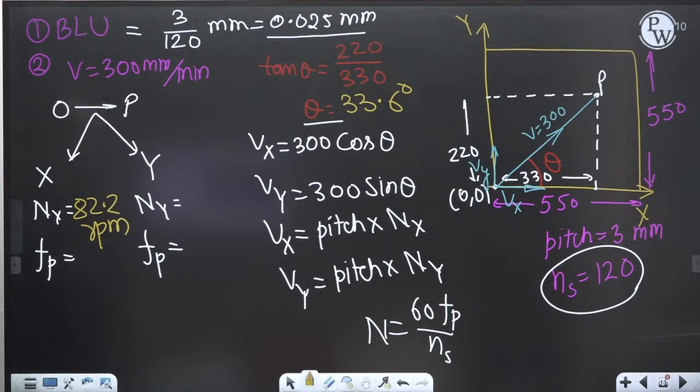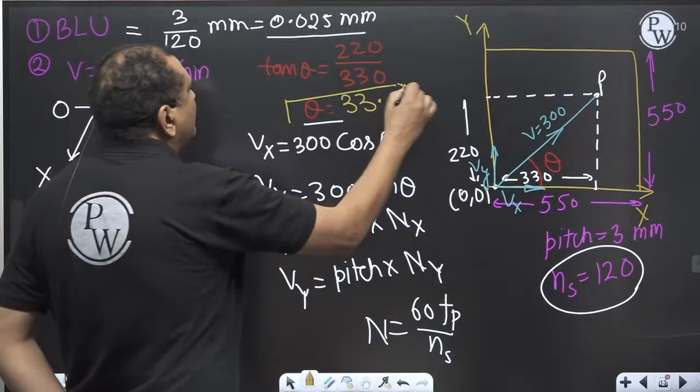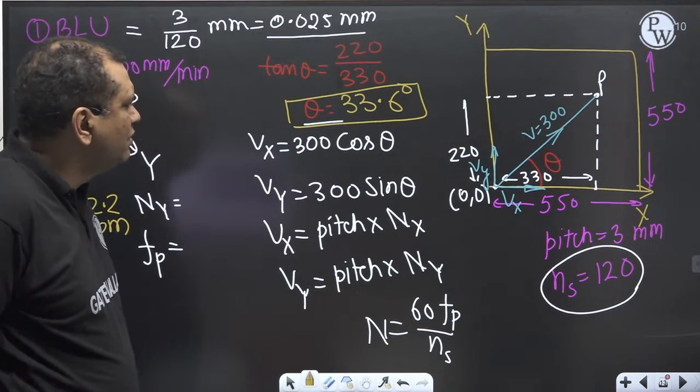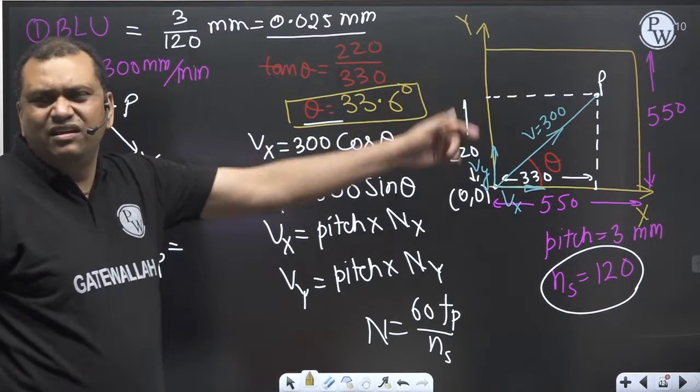I think there was some error in theta. So with that, nx value will be 82.2 rpm. No, velocity is given, no?